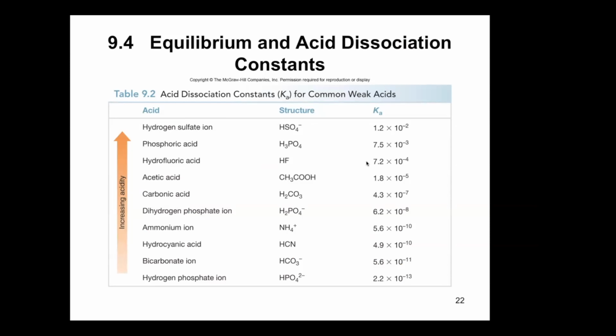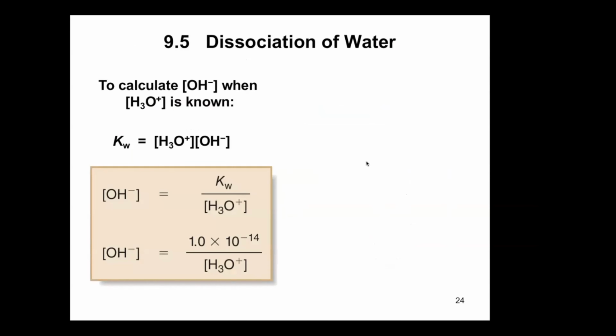Okay? So, there is also what we call the OH and the H3O concentration. We established earlier that the H3O concentration is concerned with the acids, and the OH with the bases. So we also have what is called the water dissociation constant, which is equivalent to 1 times 10 raised to negative 14.